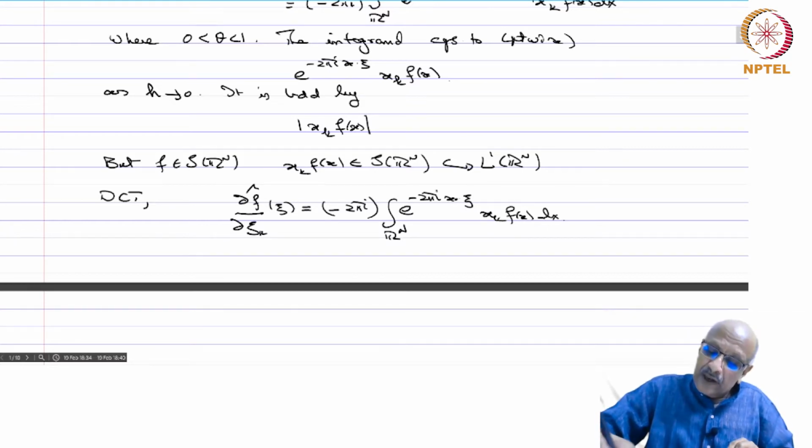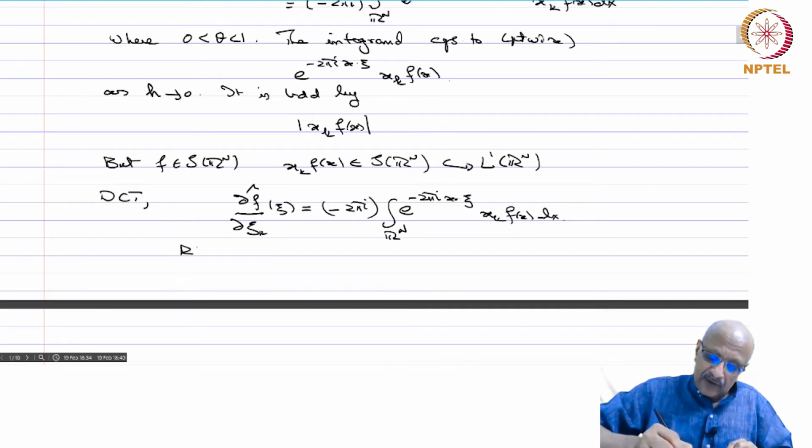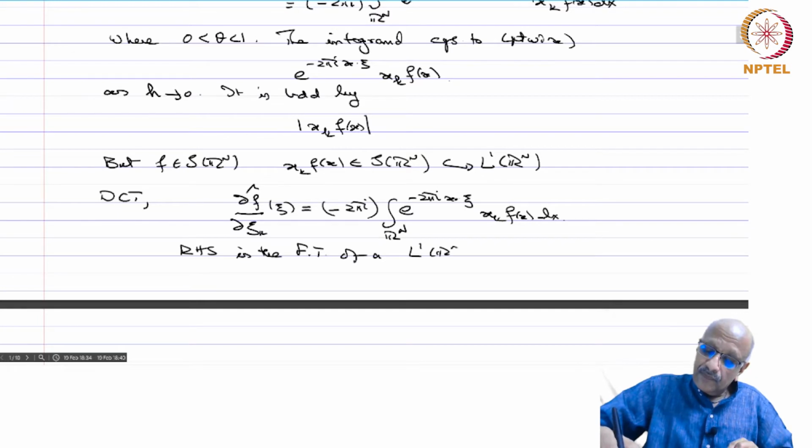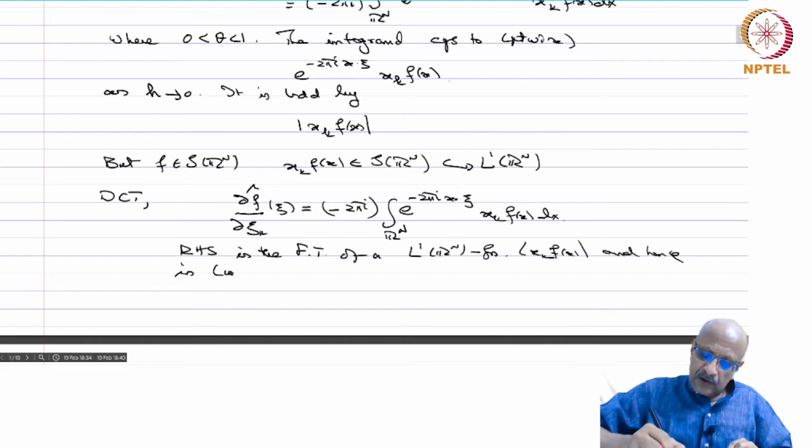So the right hand side is the Fourier transform of an L1 function, namely xk f of x, and hence is in fact uniformly continuous, that's not necessary for the moment.